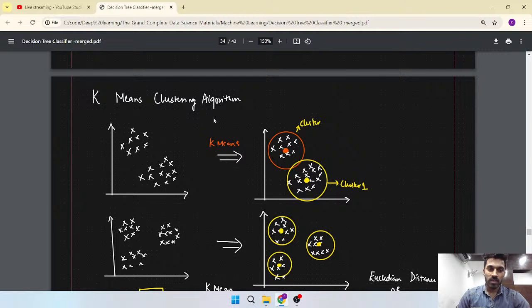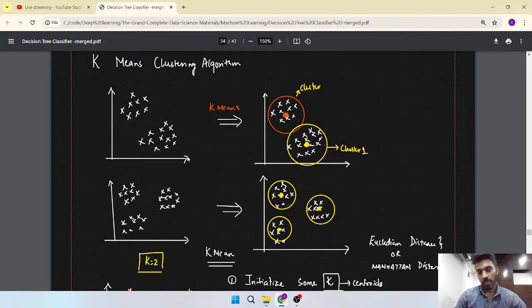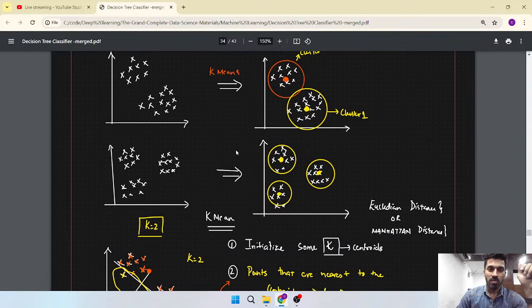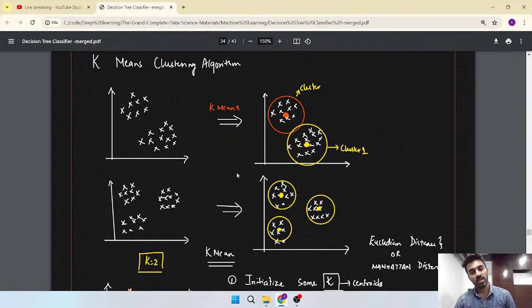In the K-means clustering algorithm we have to create some clusters. Suppose this is your data set. Firstly we randomly initialize two points in the space, anywhere you can initialize.